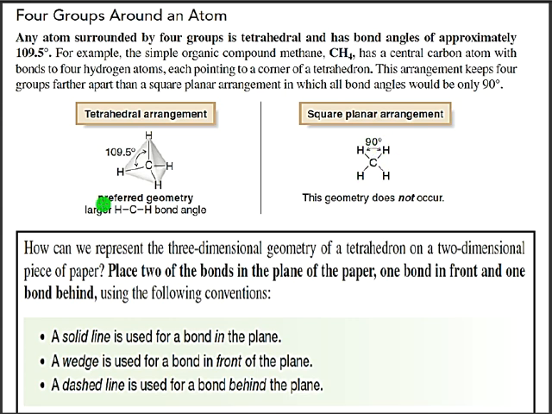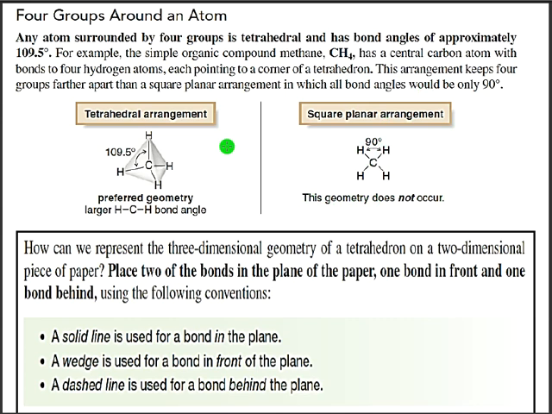But in tetrahedral, look, the angle will be about 109. That means the distance between the hydrogen atoms will be longer. So the preferred geometry is tetrahedral, and square planar is not good.